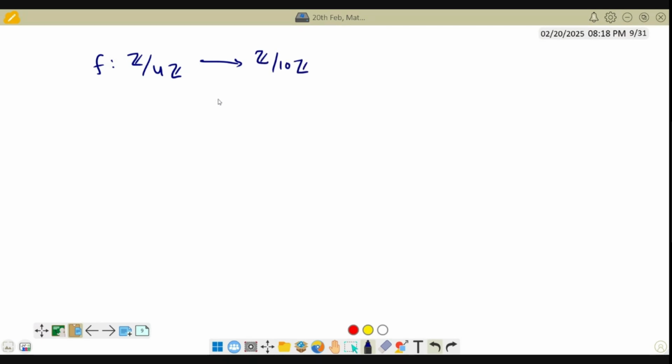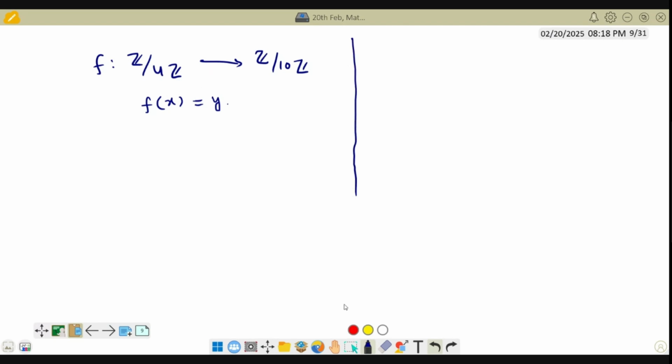Then f of x is equal to, if I assign some y, we need x to be of the form a plus 4Z. Okay, a question. Let me tell you.